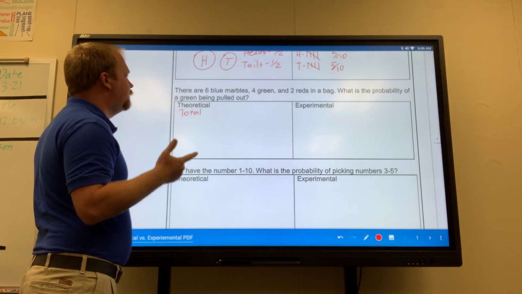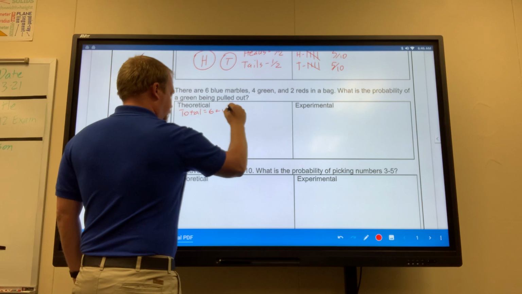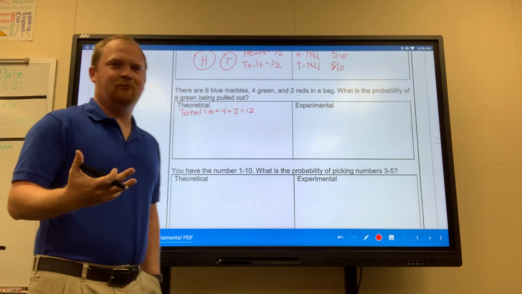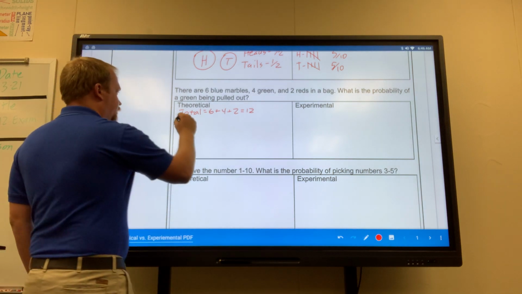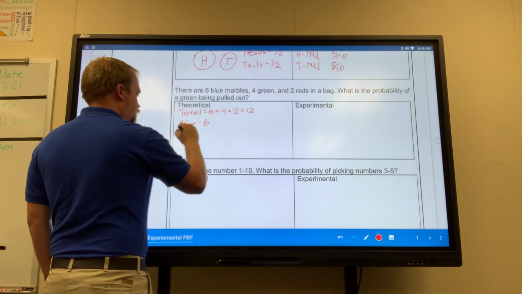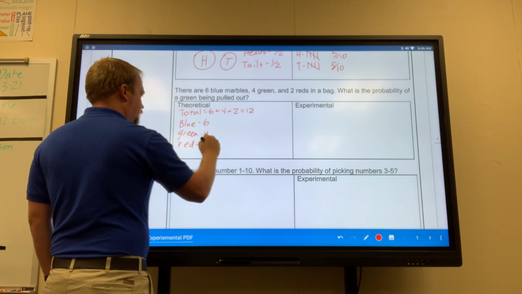So what we want to do is determine the total. So 6 plus 4 plus 2 gives me 12. So something out of 12 is going to get me green. So for blue, there's 6. Green, there's 4, and red, there's 2.